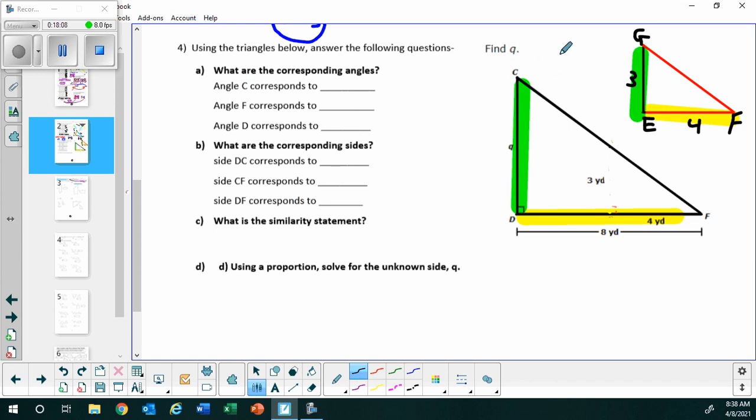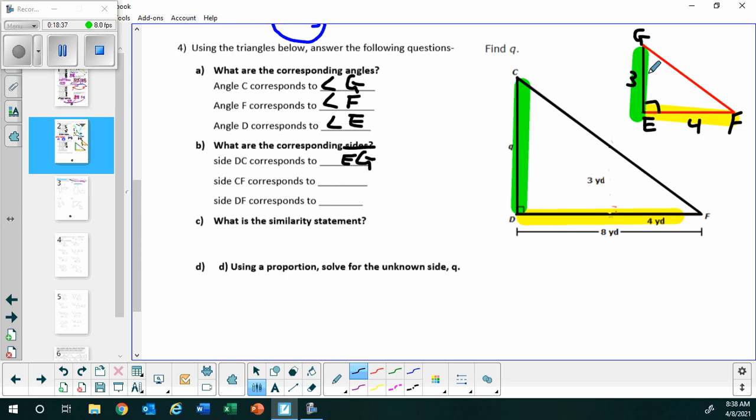So C up top goes with G. We've got our angles here. F down there was still with F. They're in the same spot. It's okay that they're both the same thing. And angles D and E, those were the right angles. My green side DC goes with EG. Don't forget your little lines that tell me it's a side.